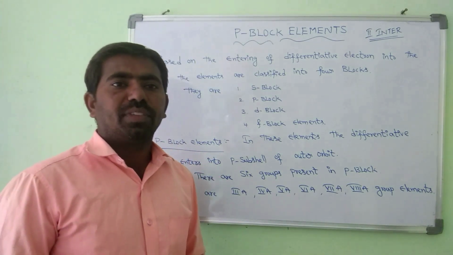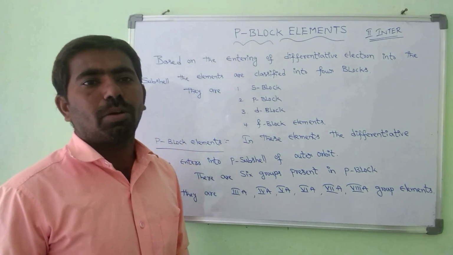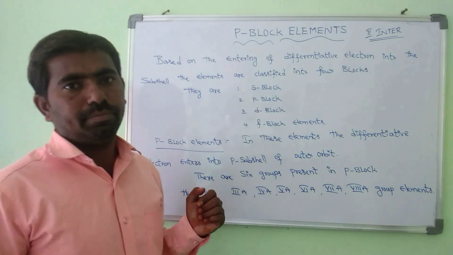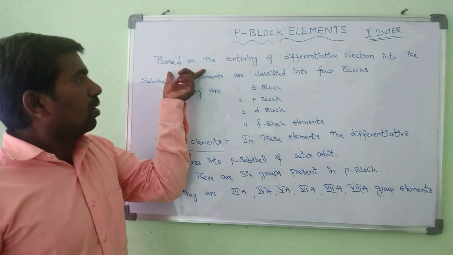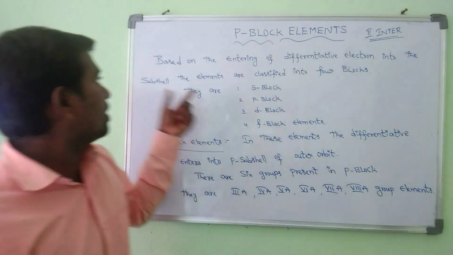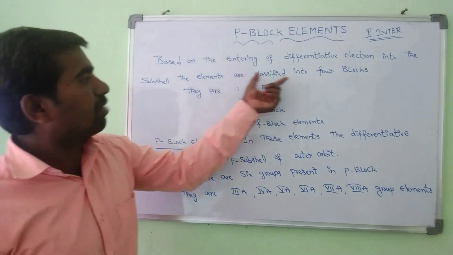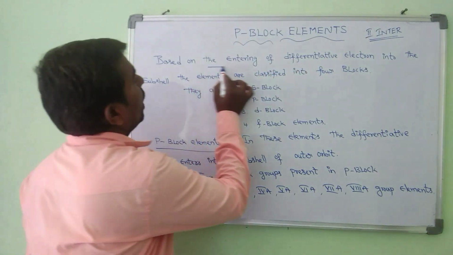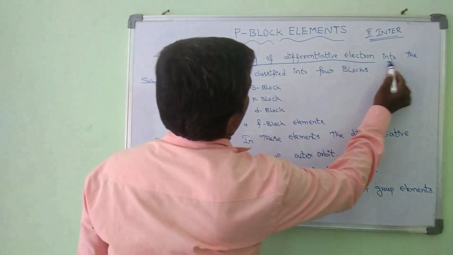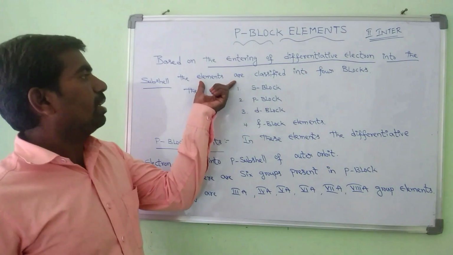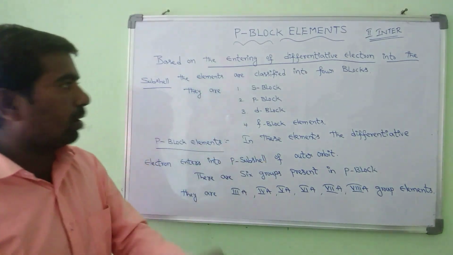Dear students, in this class we are going to discuss the chapter P block elements. Based on the entering of the differentiating electron into the subshell, the periodic table elements are classified into 4 blocks.